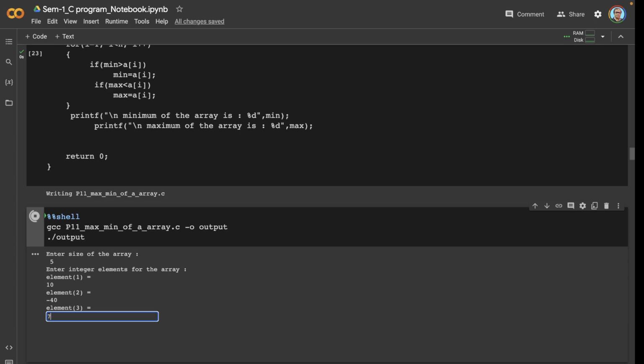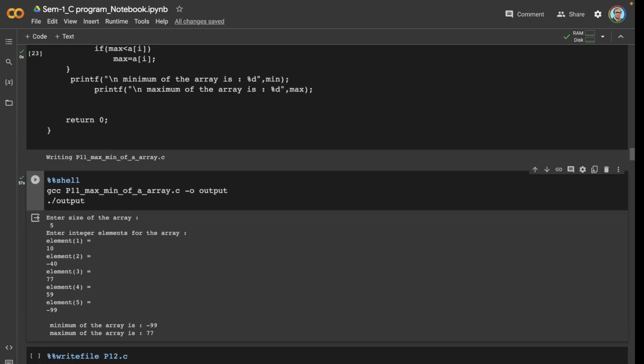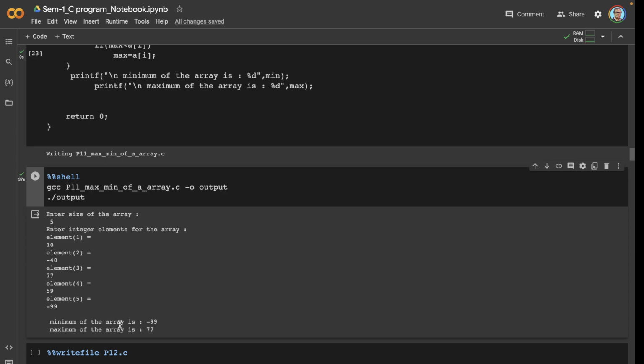Element 3, 77. Next, 59. Then minus 99. So here the minimum of this array is minus 99 and the maximum of the array is 77.